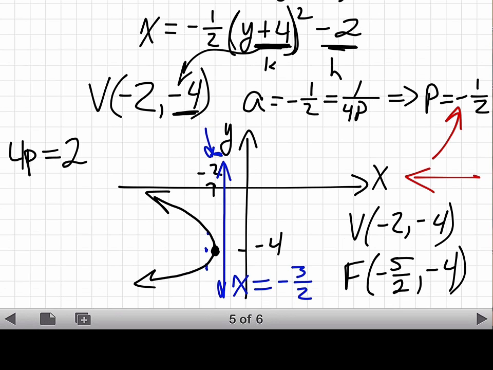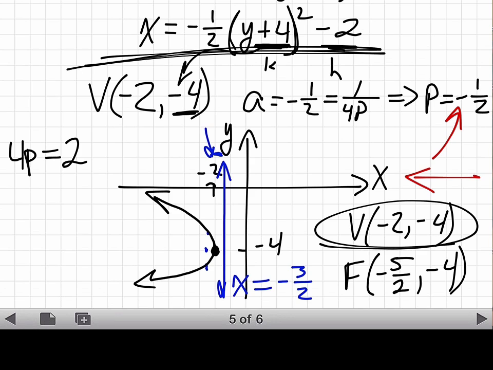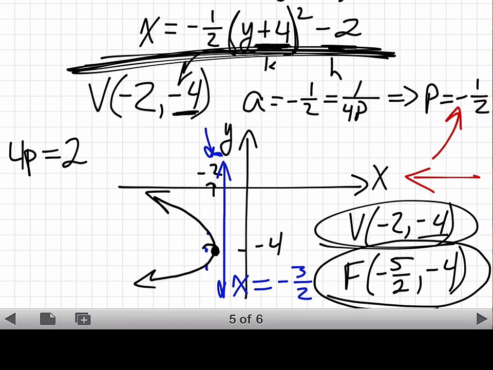And what all do we have? We've got the vertex at -2, -4. We had to switch the places of the numbers because the number with y goes with y. The focus is p units in magnitude away from the vertex. In this case, that means to the left. And so that gave us a value of -5/2 for the x-coordinate, -4 for the y-coordinate.